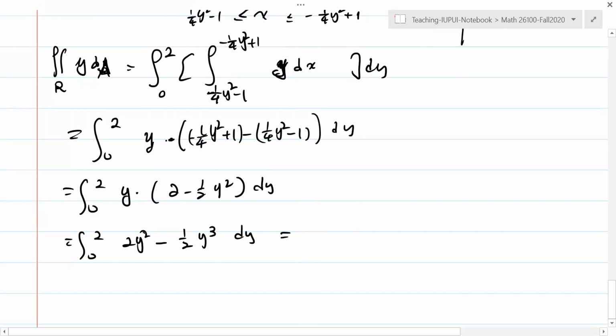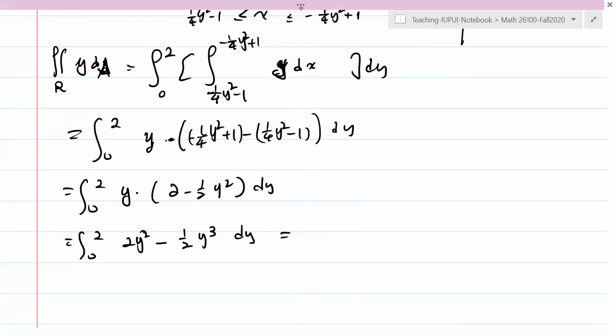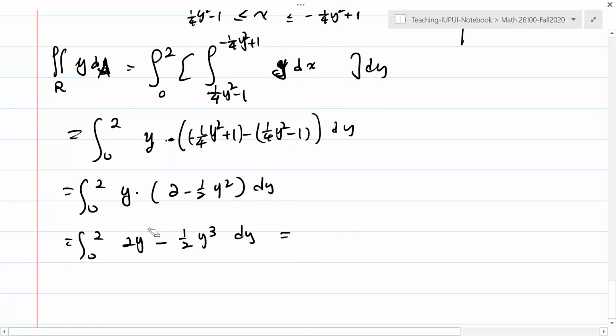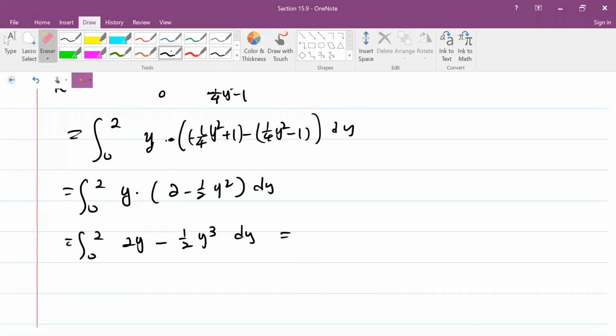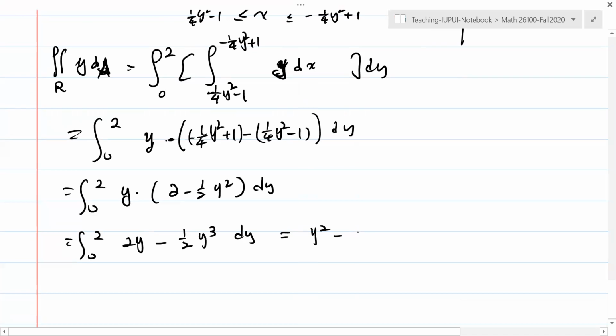It's 2y, not 2y squared, so you get y squared minus 1/8 y to the 4th power. Okay, evaluate at the endpoints. So you get 2 squared minus a quarter of 2 to the 4th power. That's it. So you have a 4, then you have a 2. So the answer is still 2. Surprised, right?